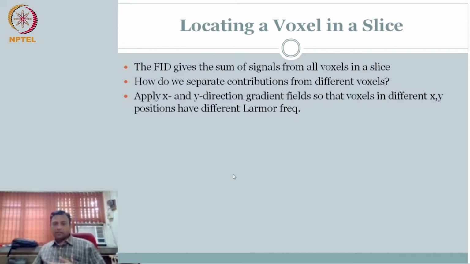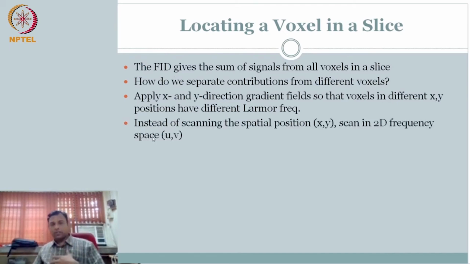First, we can do this in several ways. Instead of scanning the spatial location, we are actually acquiring the Fourier transform space of the object. Once we get that, we can do the inverse Fourier transform and get the object itself. So how can you scan the Fourier space? You can scan it with different strategies.